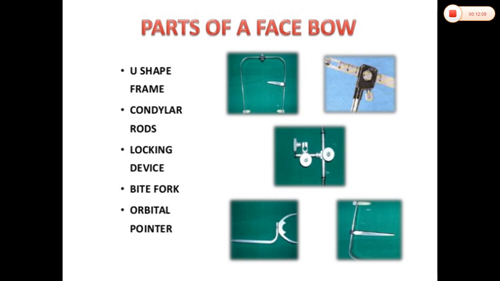So I hope you remember what these parts are. The first one being U-shaped framework, the second condylar rods, the third locking device, the fourth bite fork, and the last the orbital pointer. So these are the parts of a face bow.